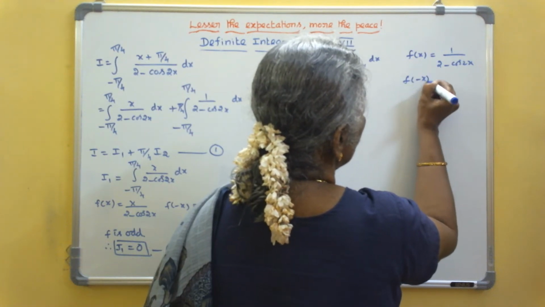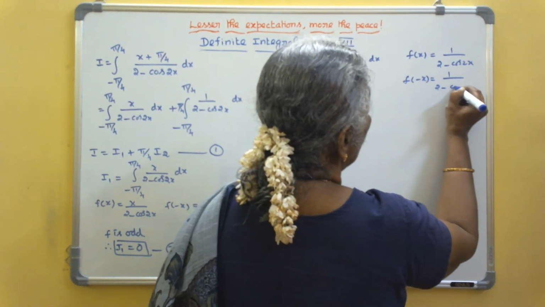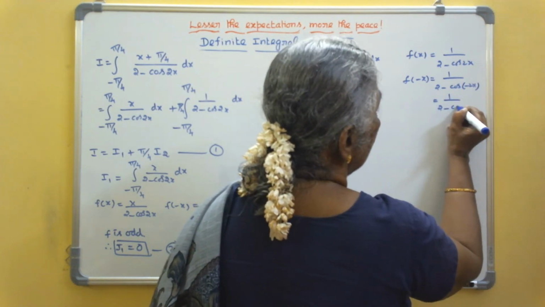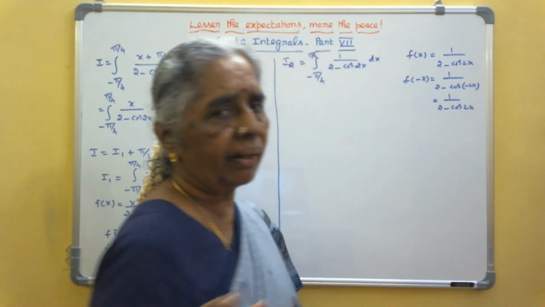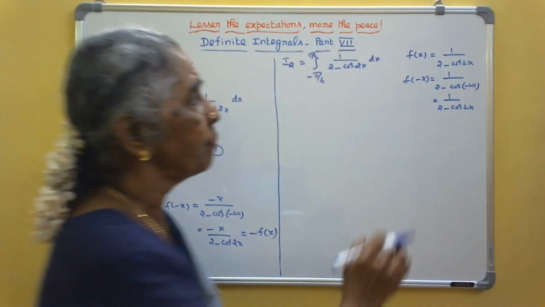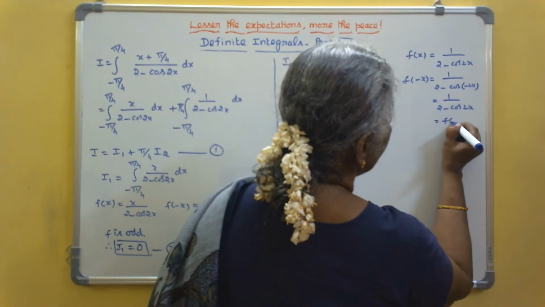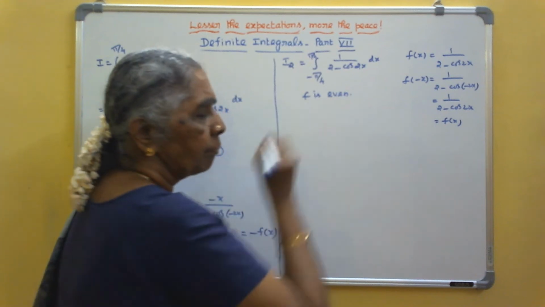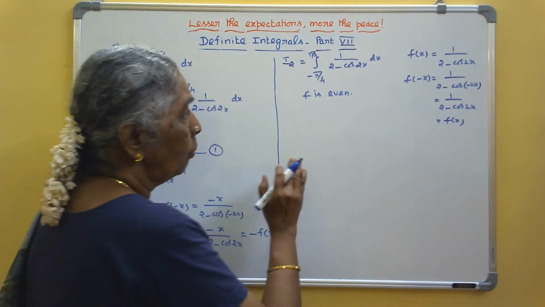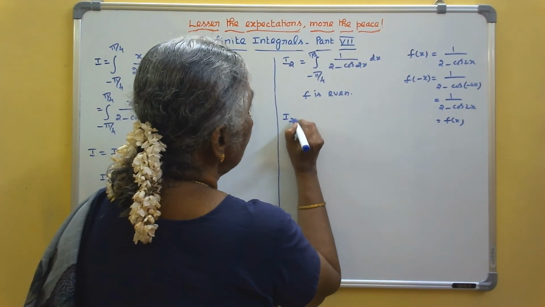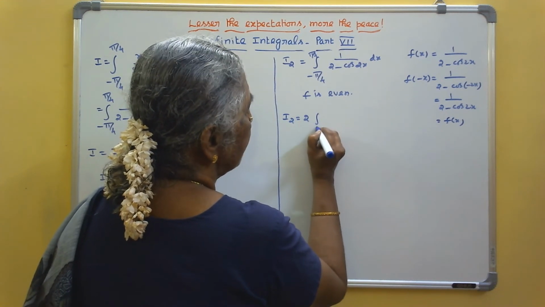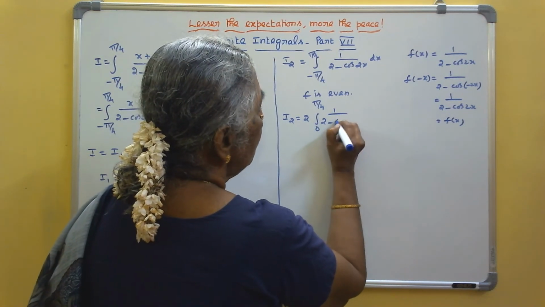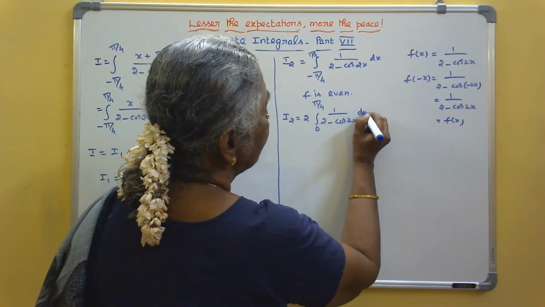F of minus x will be 1 by 2 minus cos of minus 2x, which is equal to 1 by 2 minus cos 2x, because already you know cos of minus theta is cos theta. So now f of minus x is equal to f of x. So here f is even. Okay. So now we will write I2 is equal to twice integral 0 to pi by 4 1 by 2 minus cos 2x dx.